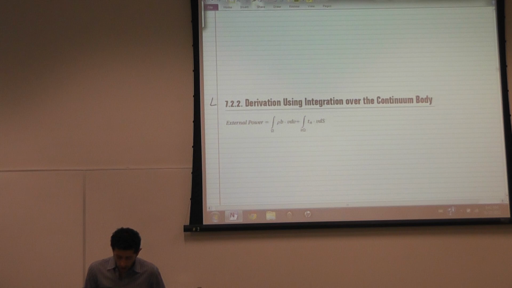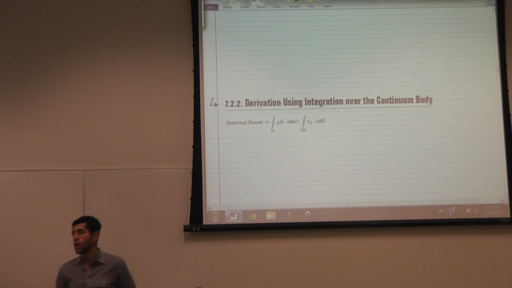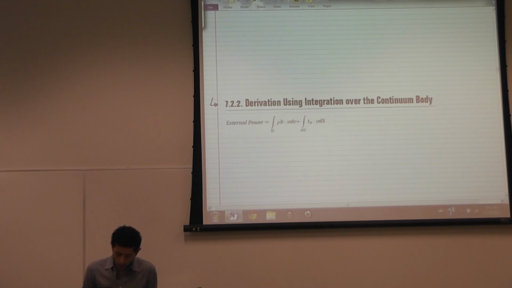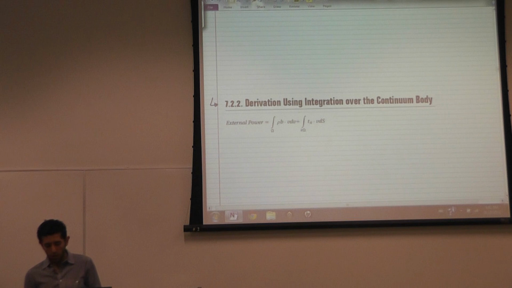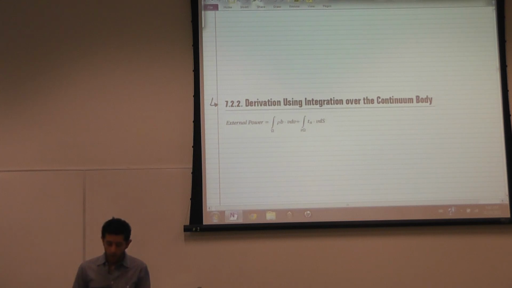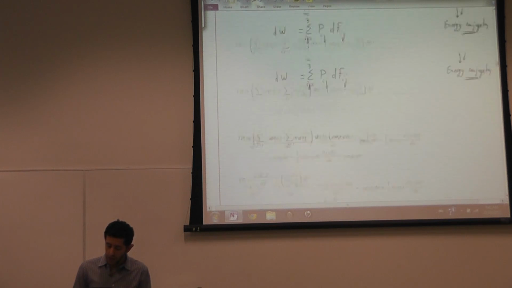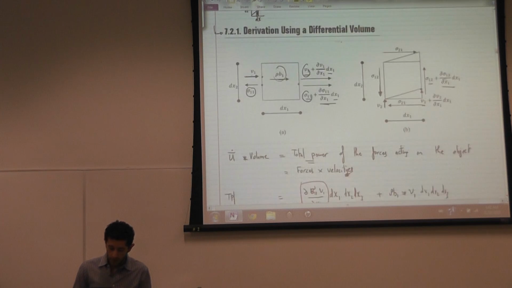Okay, so I'm going to repeat what we did again, this time with a derivation using integration over the continuum. The difference between what I did before and what I'm doing now is my initial volume. At the beginning, I looked at my object and extracted a very small cube and worked everything on that cube.